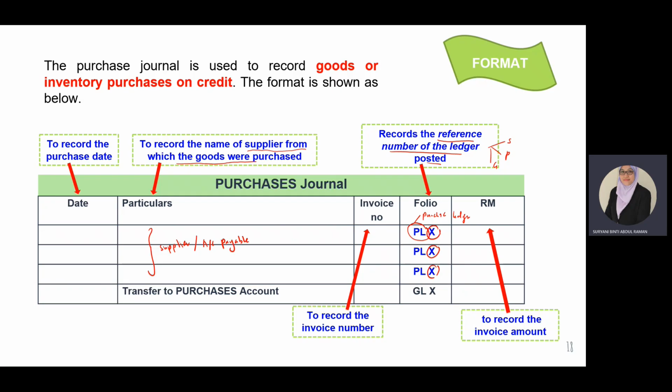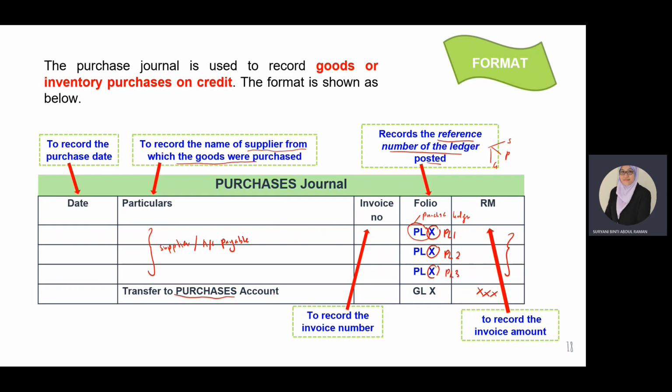And next we will identify the numbering of the accounts payable. If we have more than one, you are going to rename it as PL, and the next supplier will be recognized as PL2, and the next supplier will be recognized as PL3, and the list will continue. Next, at the end, you will total up the amount of purchases made during the year, where the total will then be transferred to purchase account.